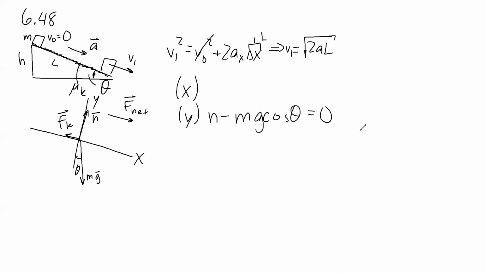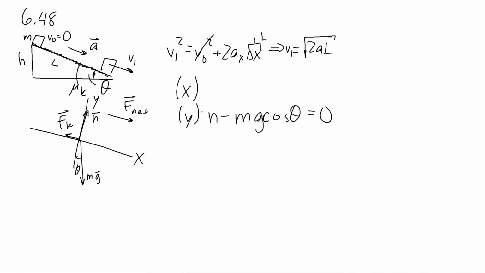And when you're on a surface, this is a pretty standard equation actually, unless there's other forces in the y direction, like a rope at an incline or something. But so we know that the normal force is mg cosine theta. What about in the x direction?